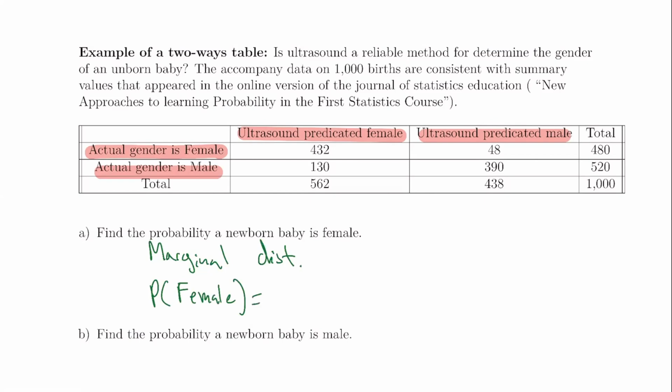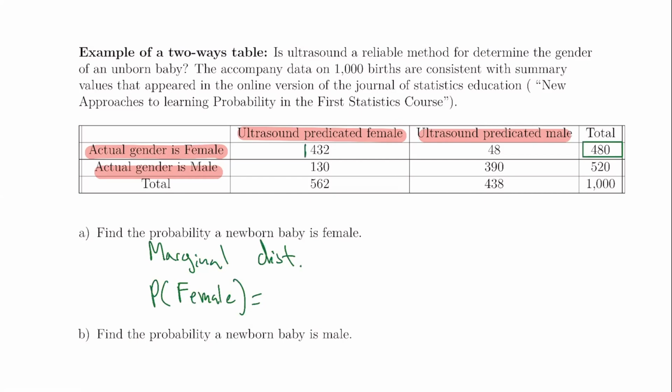So how many babies actually turned out to be female? There's only 432 babies that were actually female? There should be more than that. There you go, it actually should be 480.